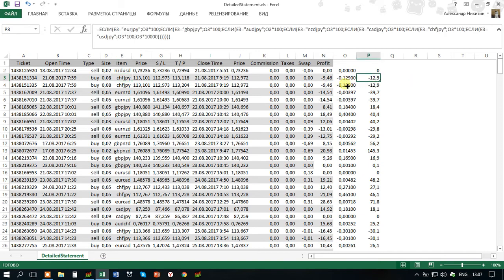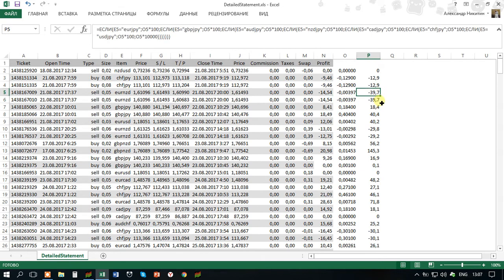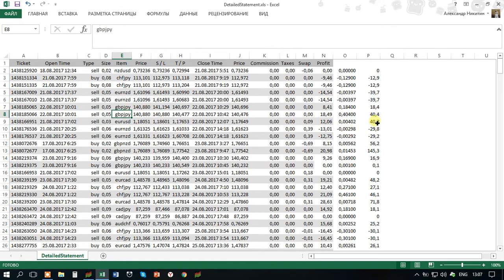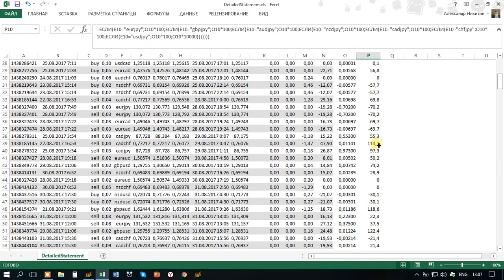And instead of how many pips here, 129, I have 12.9. And here, look here, Euro New Zealand, how many pips I have because of 5 digit? 39.7. 18.4 with pound yen. 40.4 pound yen. You see? 40.2 with euro dollar. Euro New Zealand 29. And so on and so forth.